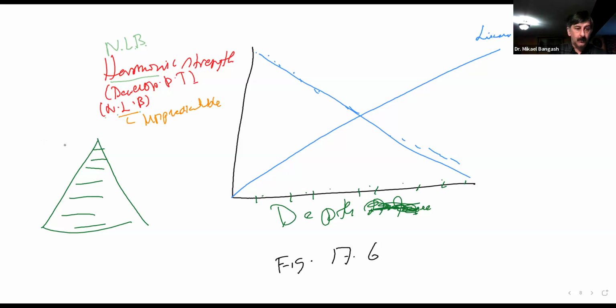Now, what they mainly say is that at very superficial depths, or at shallow depths, the strength of the harmonic is almost close to zero, because it has not developed yet.